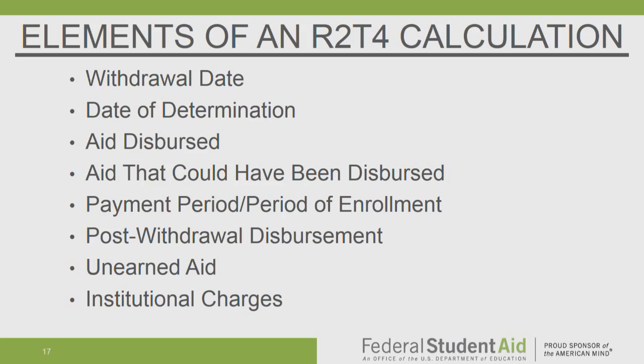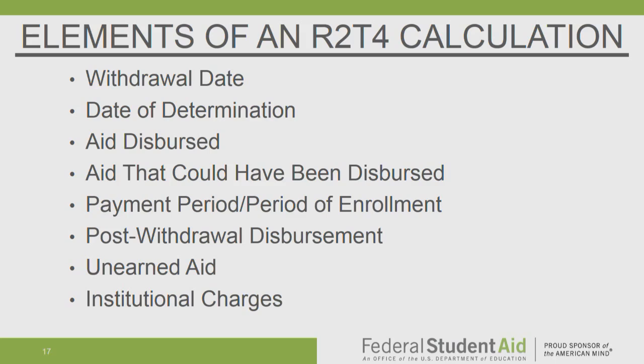For a school that is not attendance taking, you have to make a determination within 30 days: 30 days from the last day of a payment period, or 30 days from a period of enrollment, or 30 days from the last day of their academic program, whichever comes first.